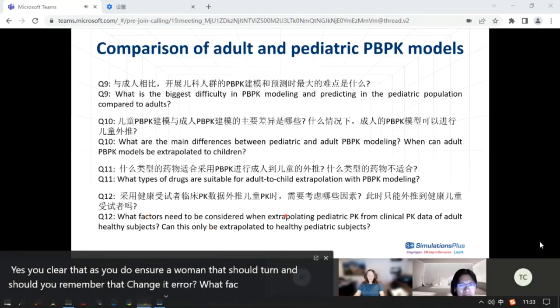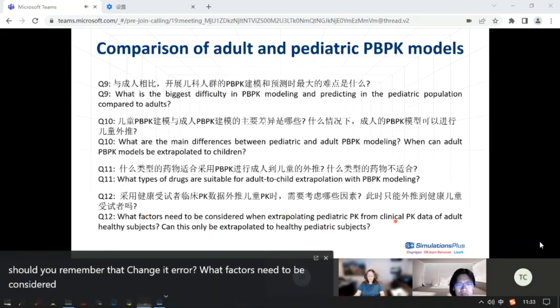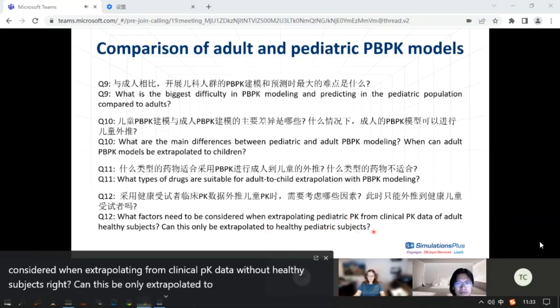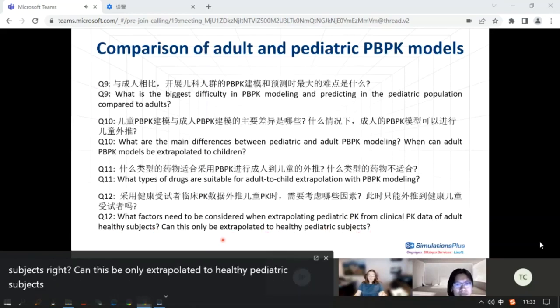What factors need to be considered when extrapolating from clinical PK data without healthy subjects? Can this be only extrapolated to healthy pediatric subjects? You will never be extrapolating to healthy children because you will not be dosing the drug in healthy children.